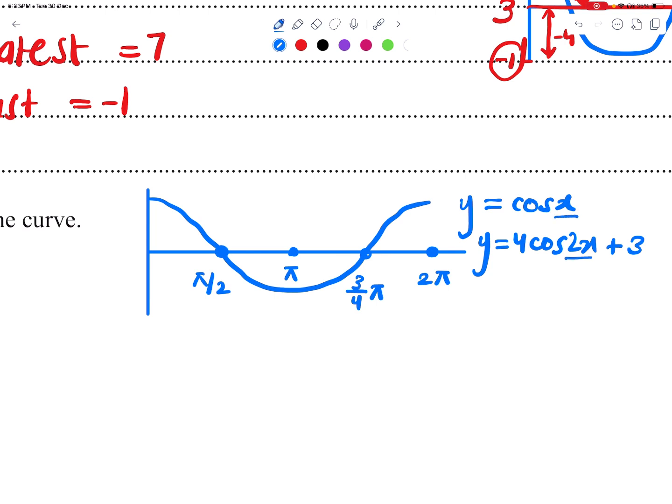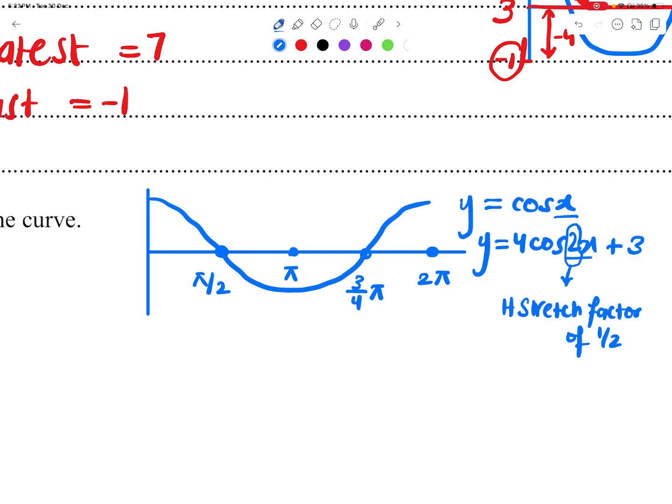Now, you need to understand one thing that whenever you have a 2 multiplied over here, it basically means that there is a horizontal stretch by the inverse of this number. So there is a horizontal stretch by a factor of 1 over 2. What does that mean?